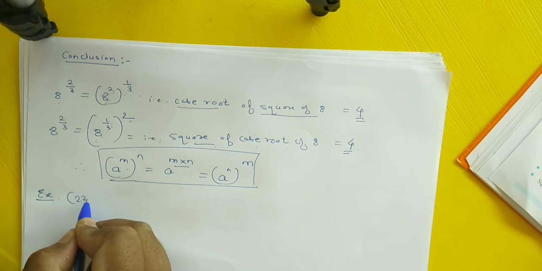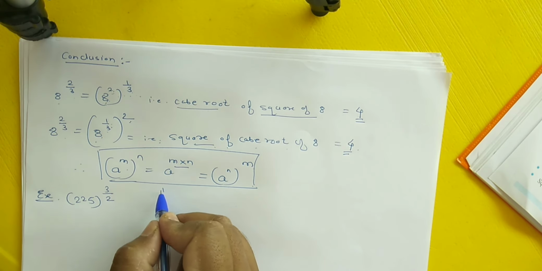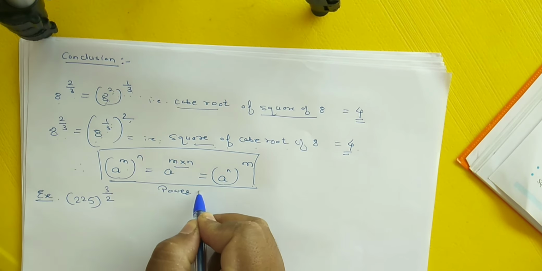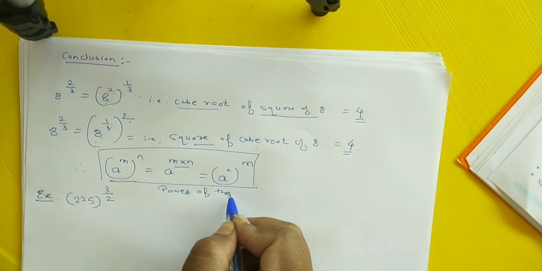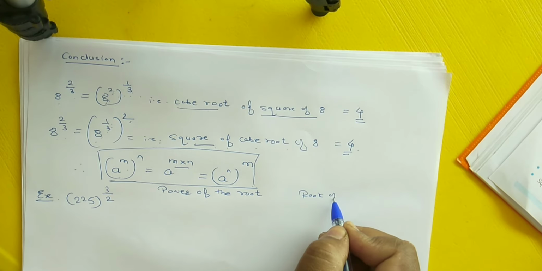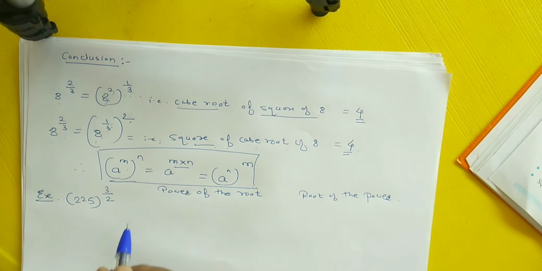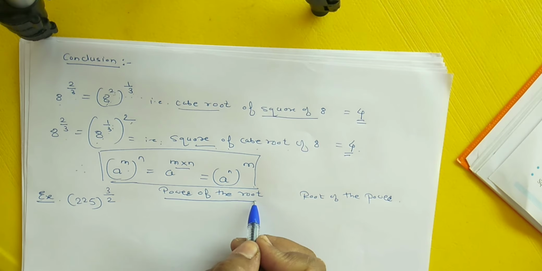Suppose 225 to the power 3 by 2. So how can we write it? Suppose here is one column, power of the root, and the second column is root of the power. So here is the power of the root.